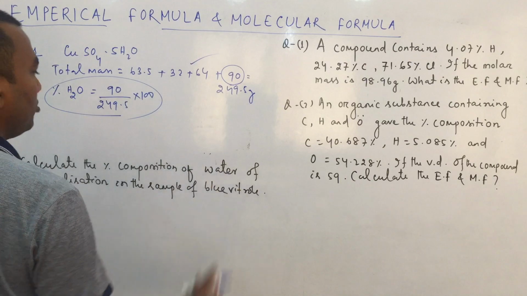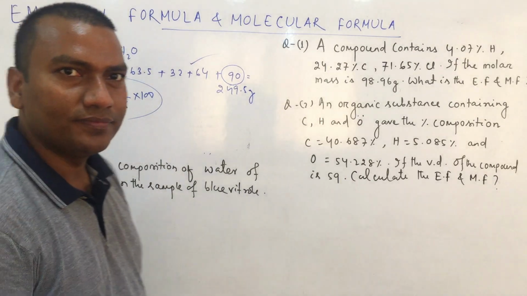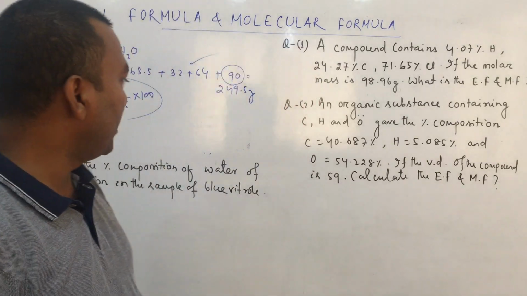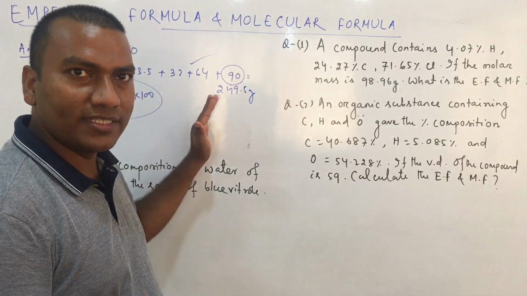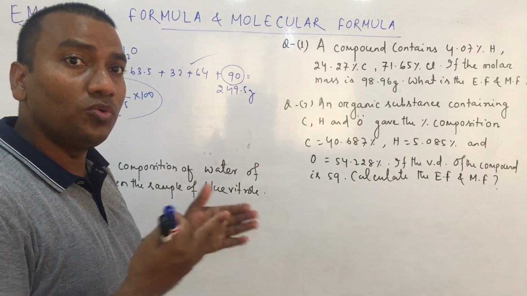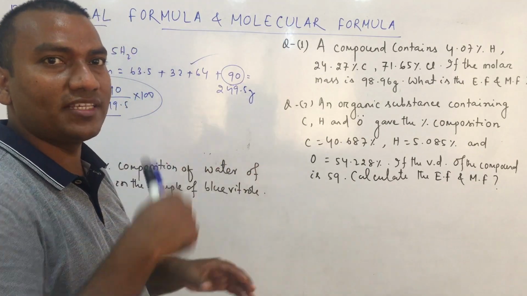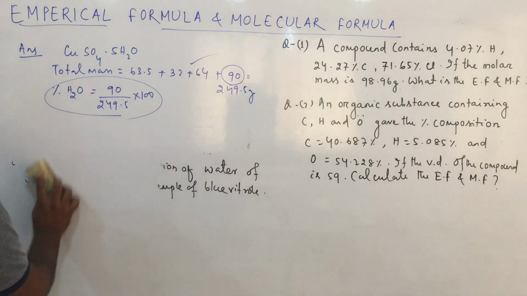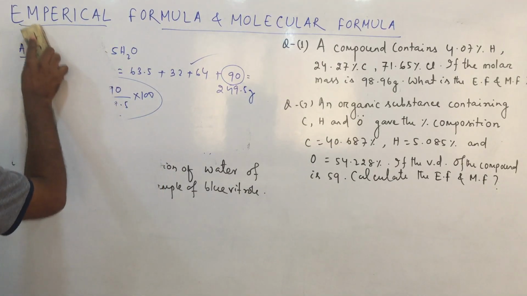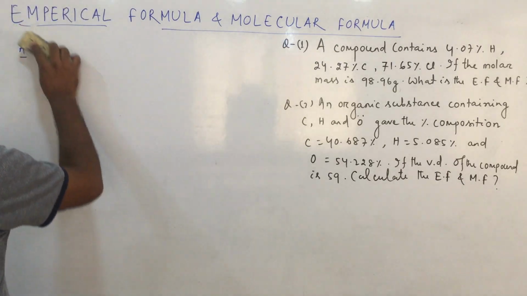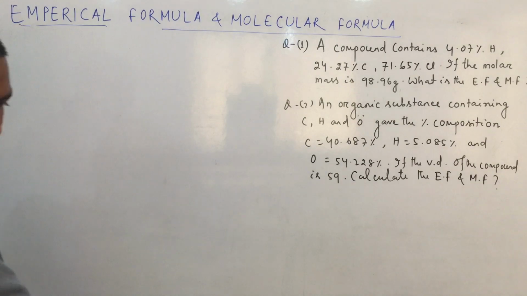So this is the percentage composition of water. Clear now? Like this, whatever questions come, first we have to calculate the molar mass, then calculate the percentage composition of whichever element or constituent is asked in the question. So this is the meaning of percentage composition of different elements present in a molecule.